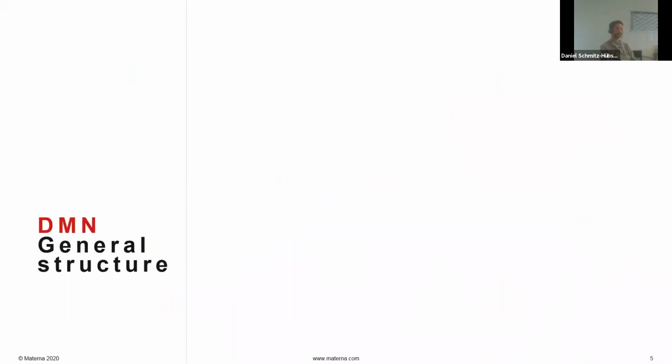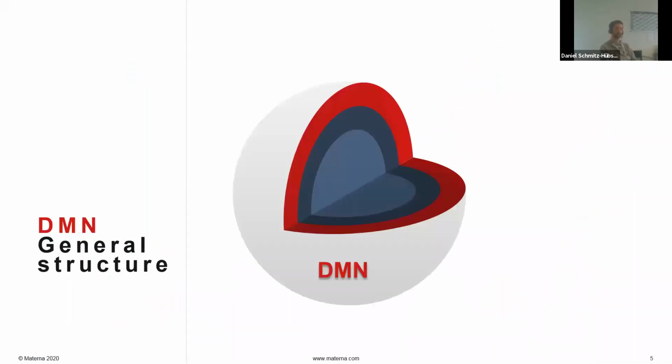So the general structure of DMN: when you think of DMN as a sphere, on the outside, in my opinion, you have the DRD. You have the decisions, you have the input, and what's important, you also have part of the documentation of the whole thing with knowledge and text annotations.